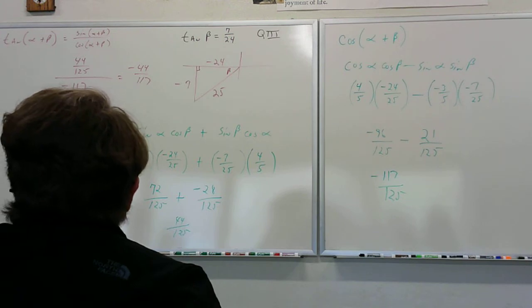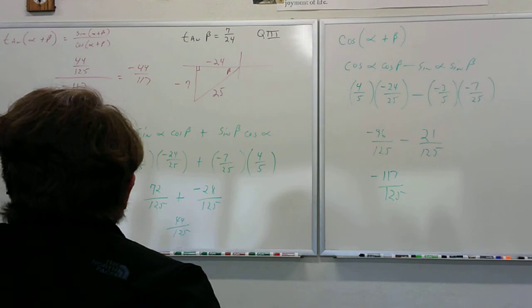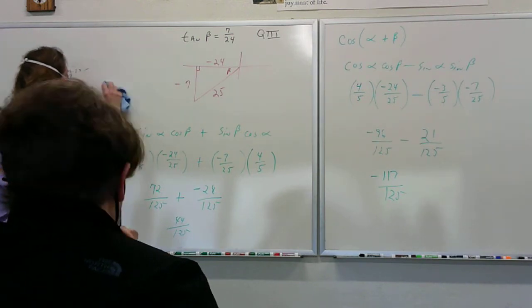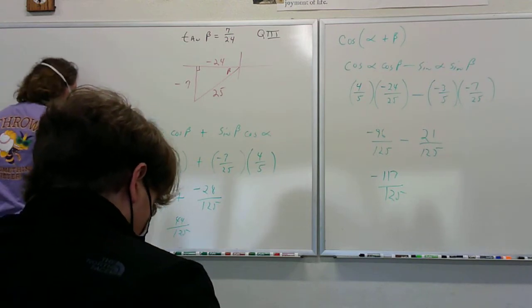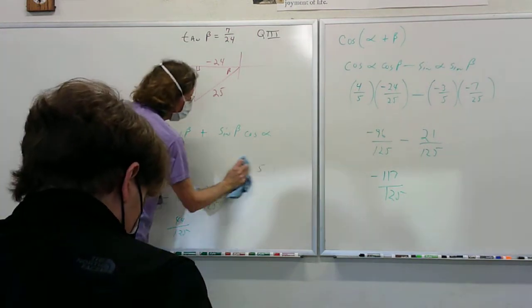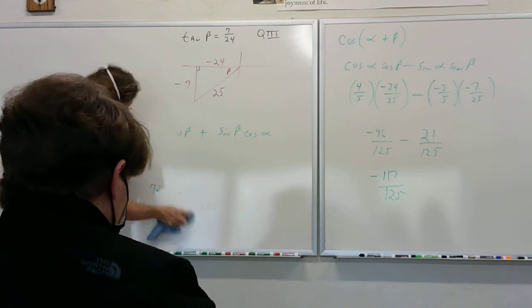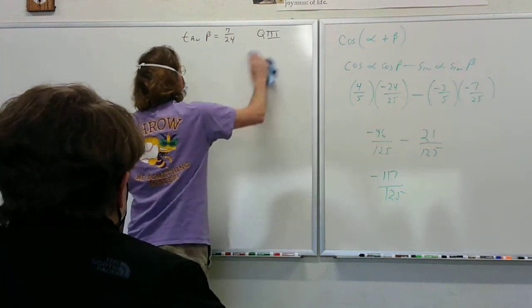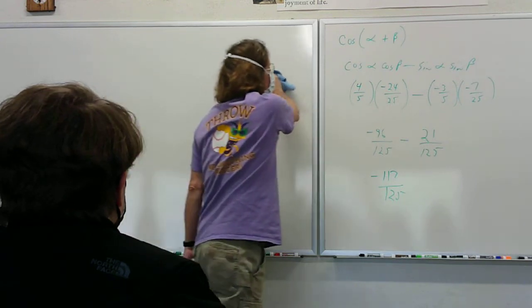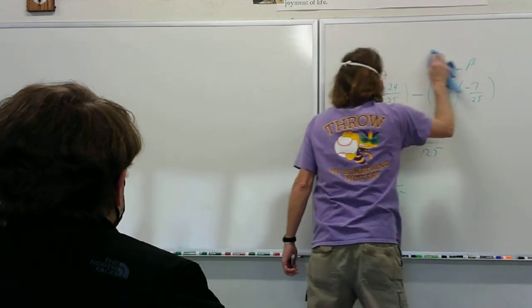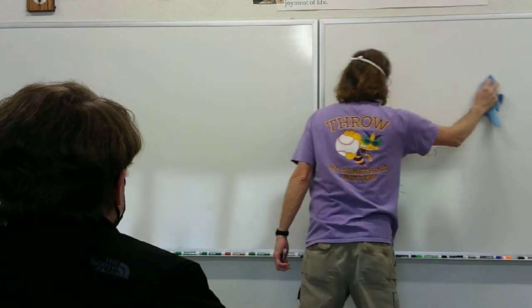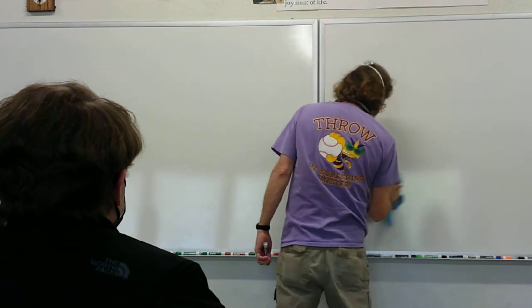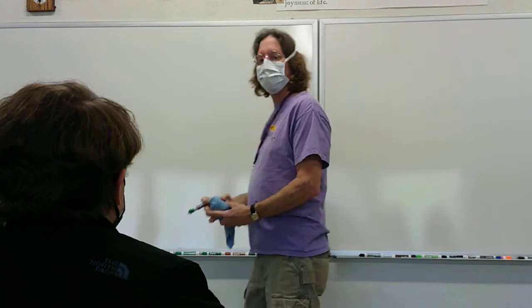Draw the triangles. Now, this is a type I like, but I'm going to show you the other application of this. Here we go. I have the angle of 105 degrees.